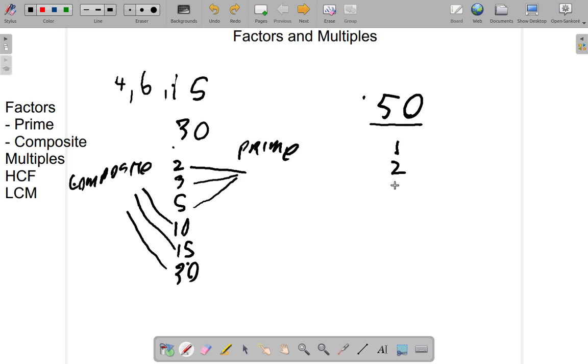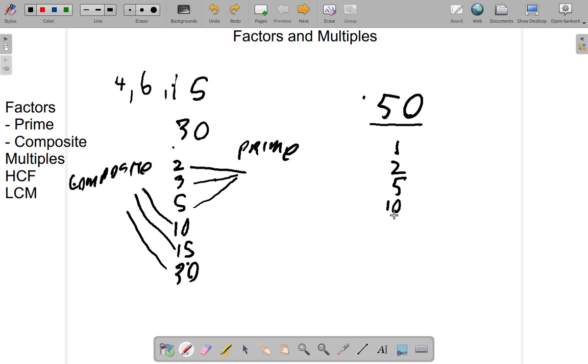You finished? Okay. And by the way, we won't include one as a composite nor prime factor. Alright? So, what were they? Did you include 5? Did you include 10?